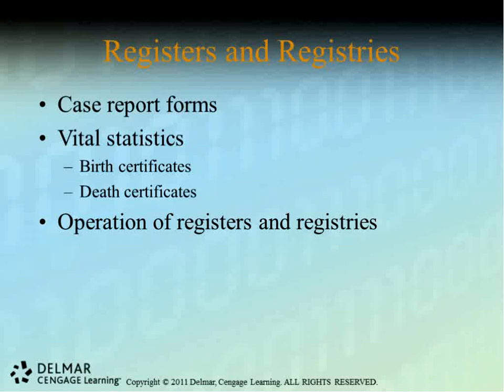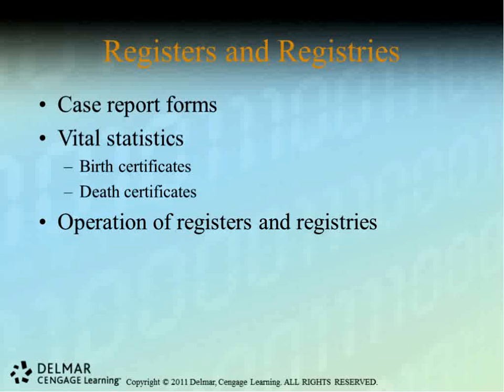All right. And what typically happens is you have what we call a case report form that the facilities will submit to the different agencies or facilities or organizations that maintain those registries. We'll put that information on that case report form.